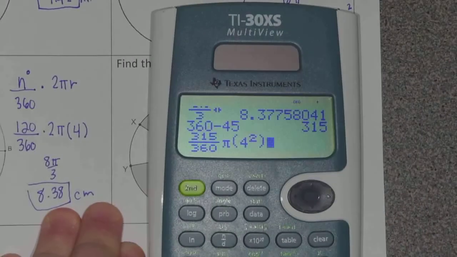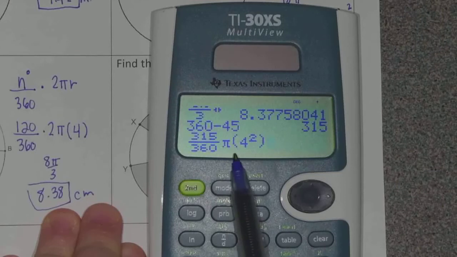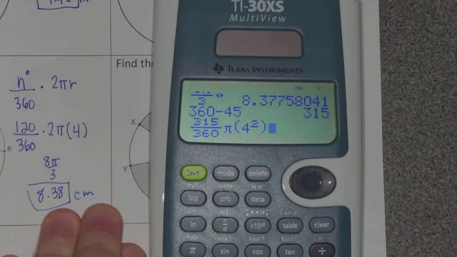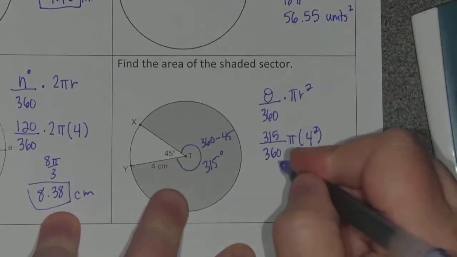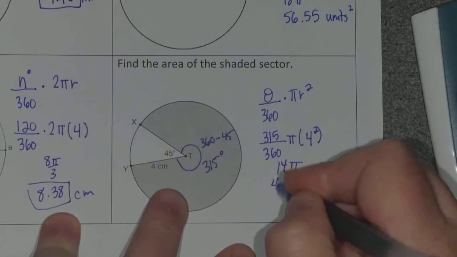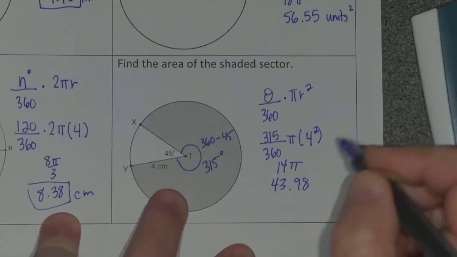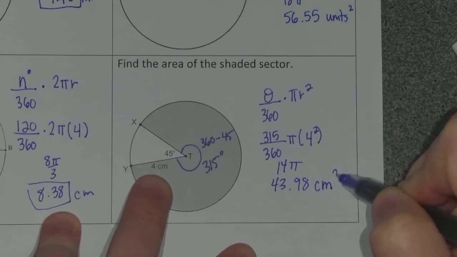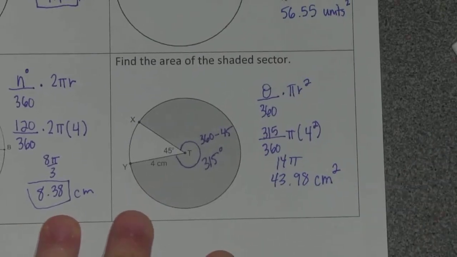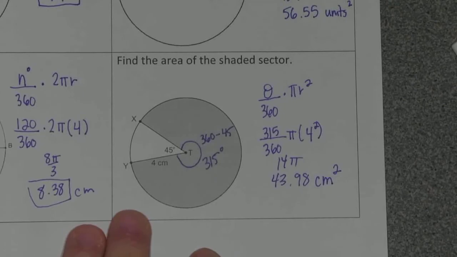So when I punched it in my calculator, I just did it like that. When you hit enter, it's going to give you 14 pi. When you hit your arrows, it will be 43.98. And what's my measurement going to be in? Centimeters squared. Okay, questions on that?